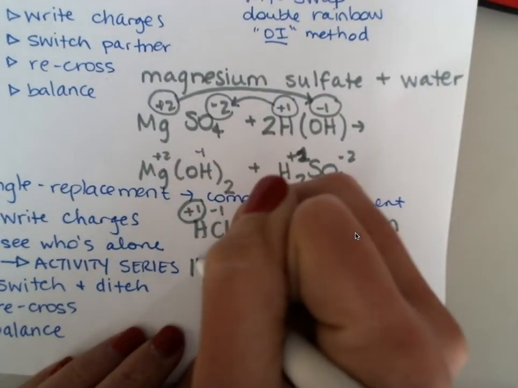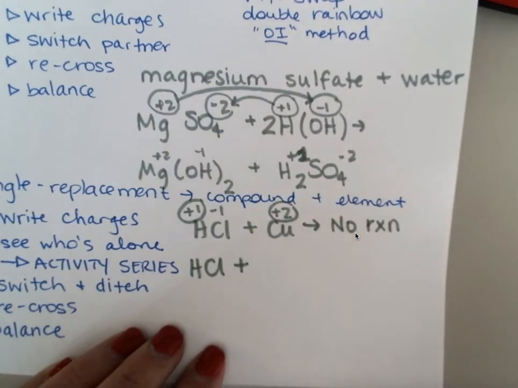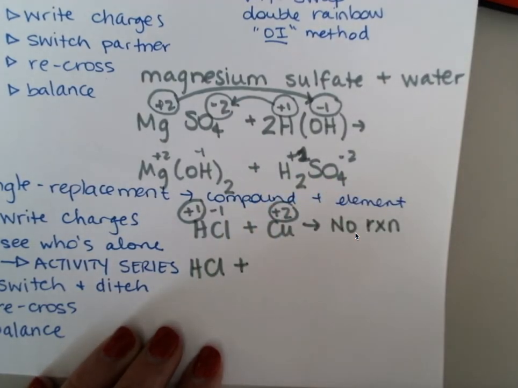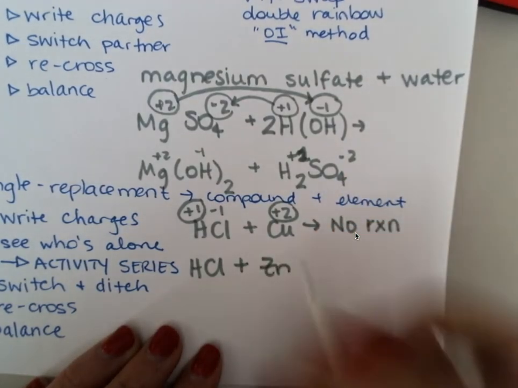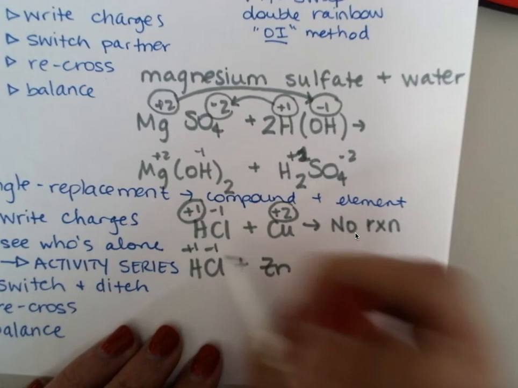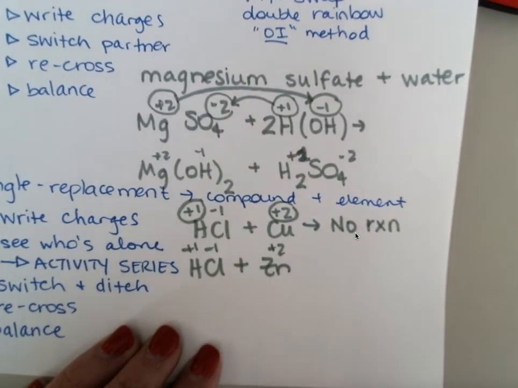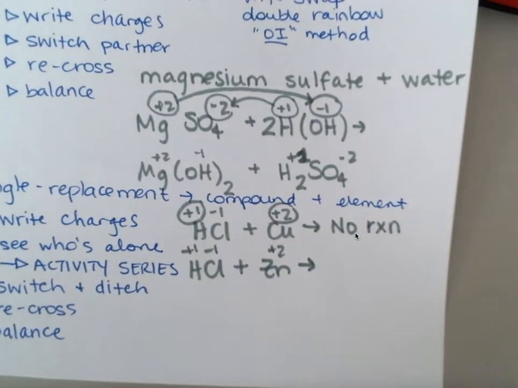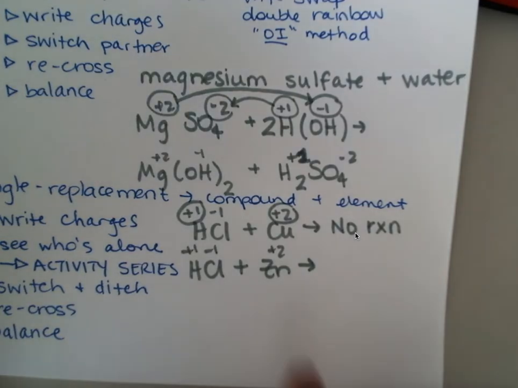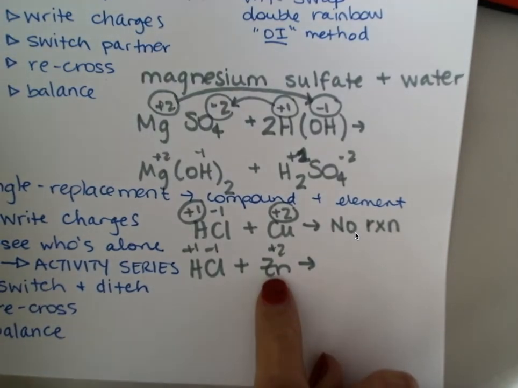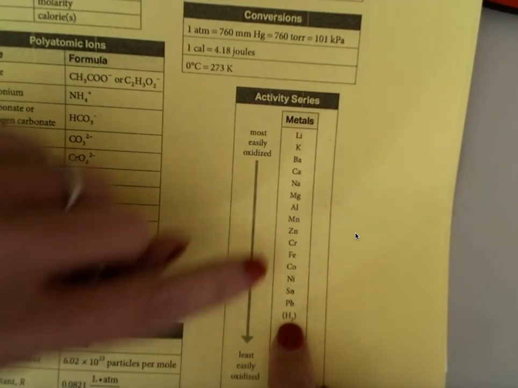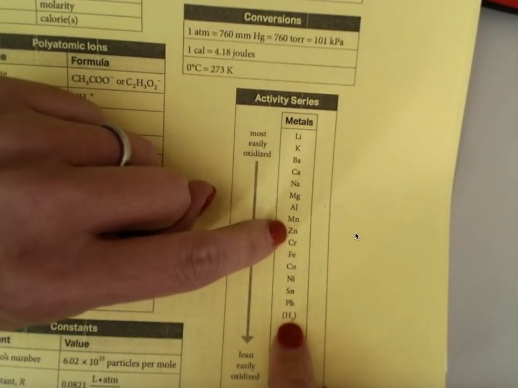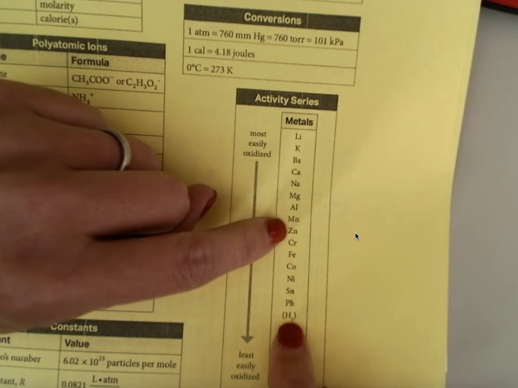However, if I take that HCl and I react it with, let's say, zinc, I'm going to write my charges, and I'm going to check my activity series. This time I'm looking at zinc, who's alone, and hydrogen. So my hydrogen's here, but zinc is up here. Zinc is higher than hydrogen.